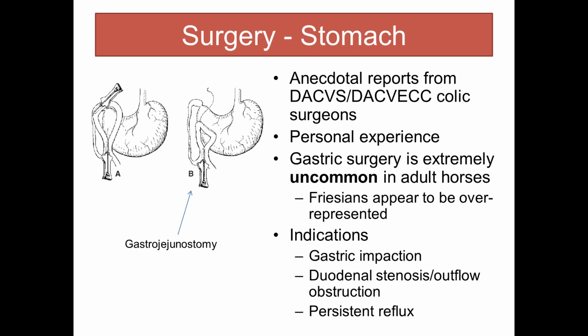It's just so uncommon. Before this talk, I sent out an email to the listserv of a couple of the ACVEC large animal listserv, and I asked how many people have done what's called a gastrojejunostomy or gastric bypass in an adult horse, and then of those, what were the breeds?